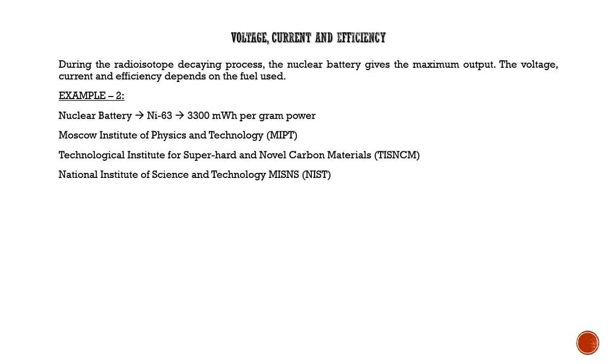C14 has 8 neutrons and 6 protons, and C12 has 6 neutrons and 6 protons. So it goes back from C14 to C13 and then to C12. That's how the decay happens and then it generates the power.